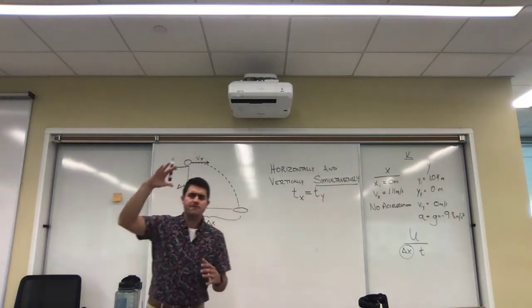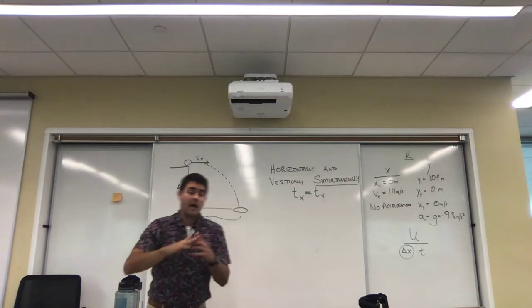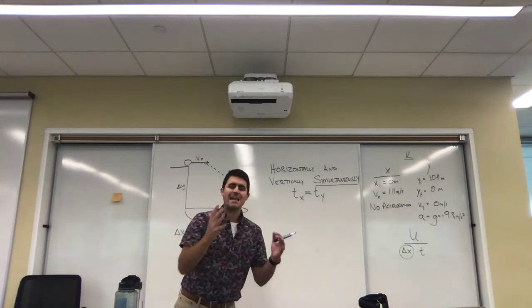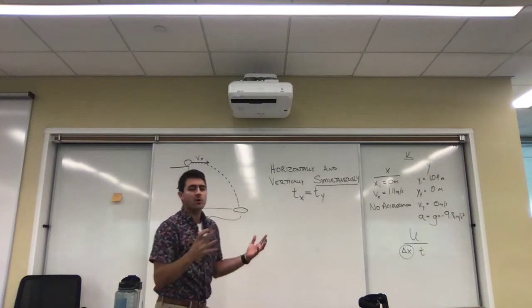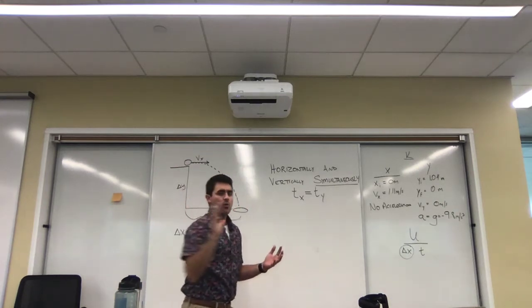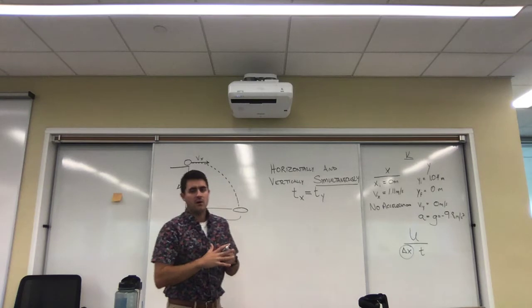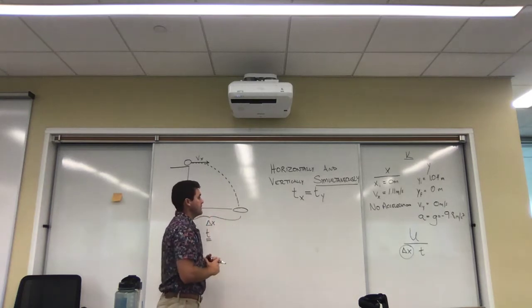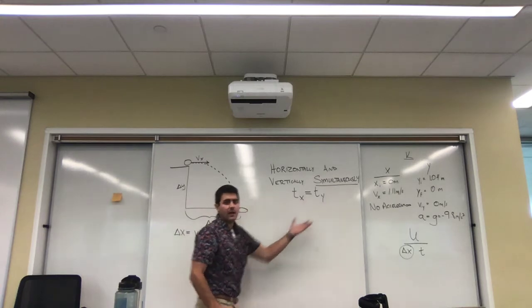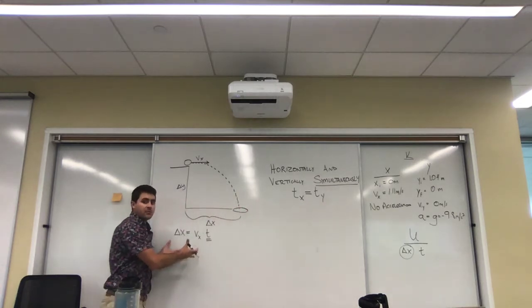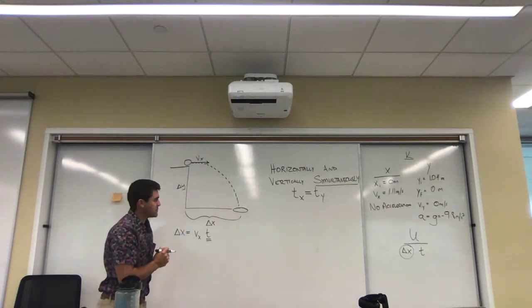An object will move horizontally for the same amount of time that it falls for. As soon as that object hits the ground, it's no longer moving vertically or horizontally in free fall. It has just come to a stop. So, if I can find time in the y direction, I might be able then to unlock this problem and find time in the x direction, and then find my final displacement.